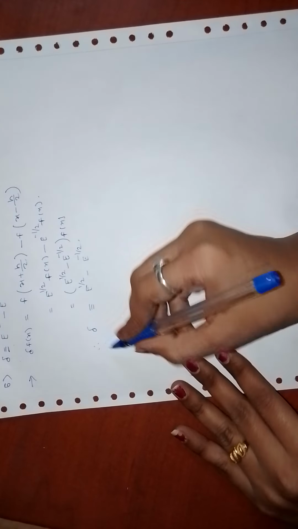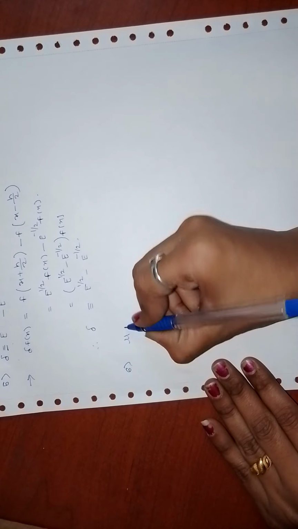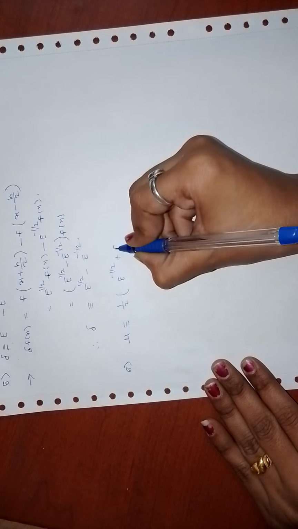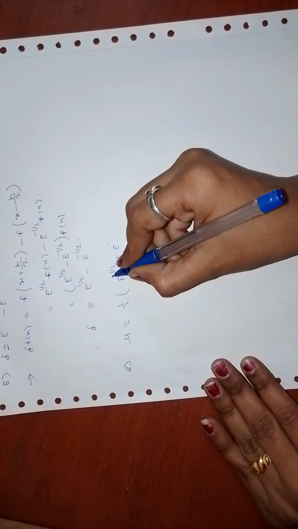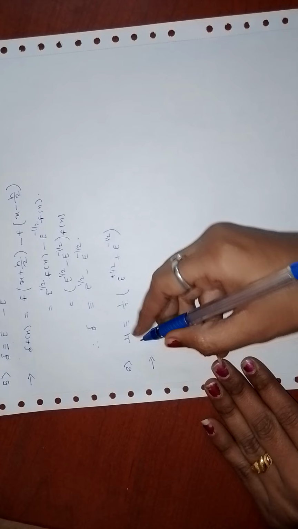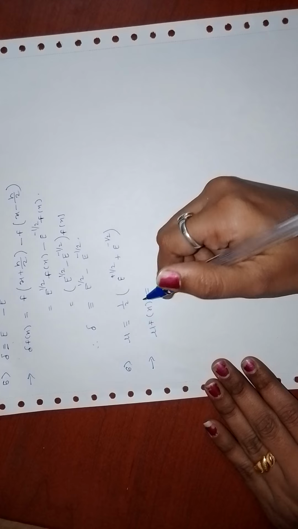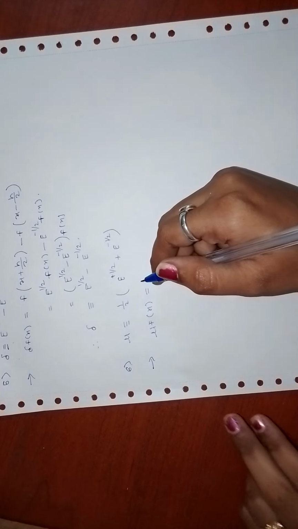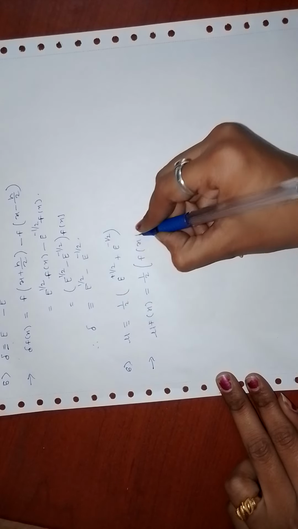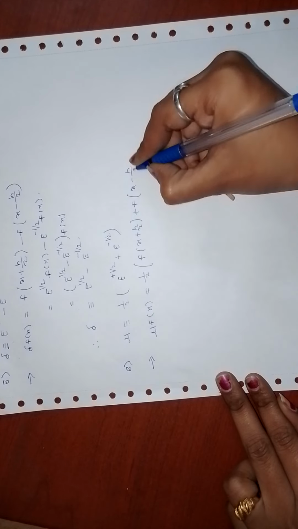Next one is the sixth property: mu is congruent to 1 by 2 into E raised to 1 by 2 plus E raised to minus 1 by 2. For this we apply f on mu. So mu f of x is 1 by 2 into f of x plus h by 2 plus f of x minus h by 2.